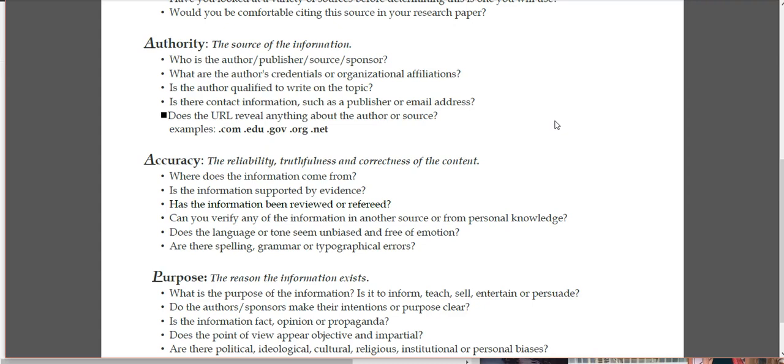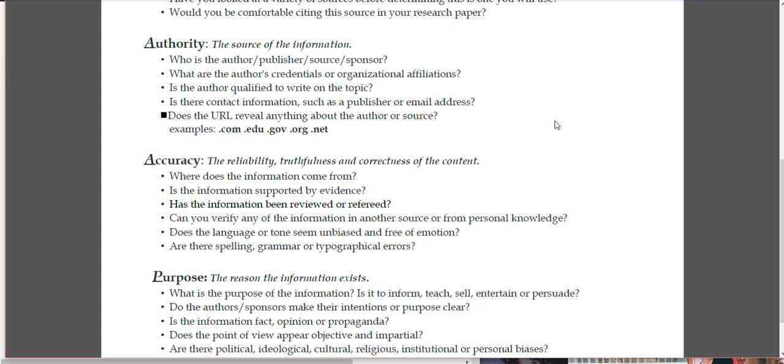Is there contact information such as a publisher or email address? Basically, is there a way to request more information or check that source? And does the URL reveal anything about the author or source? You've probably learned about .coms, .edus, .govs, etc. When the internet was first starting and for many years after that, it was a lot easier to distinguish if something was a commercial website, if someone was paying for it, or if it was an educational or government resource.